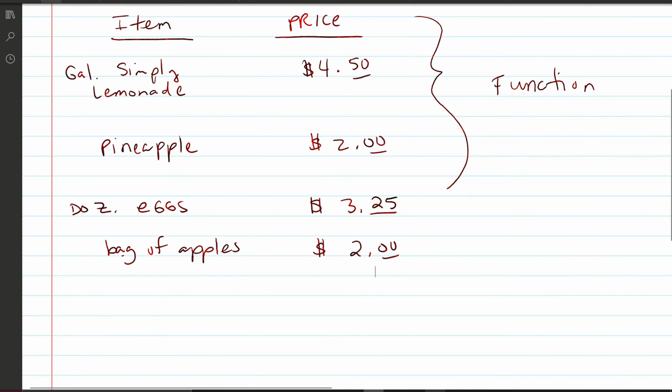Two different items in a grocery store could, in fact, maybe end up being the same price. And in this case, they did. So, in this case, two different inputs can have the same output. The pineapple can be $2 and the bag of apples can be $2. However, going back to the previous situation, the same input cannot have two different outputs.